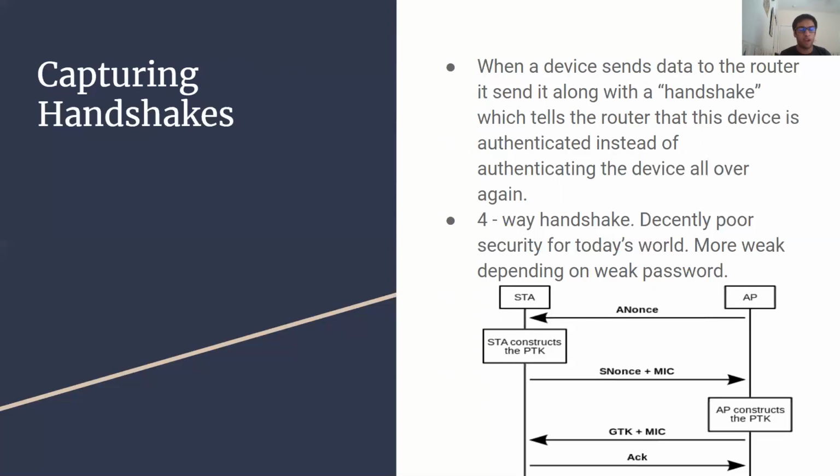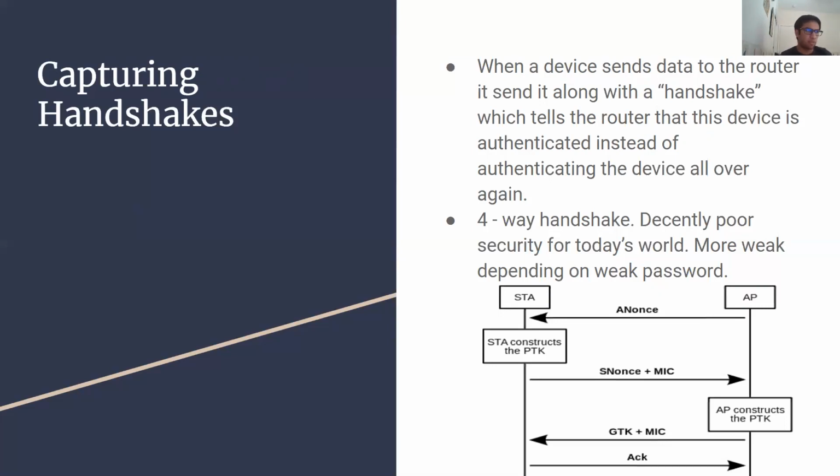So basically, the router knows that this Wi-Fi packet came from that device because of that special handshake. If you capture this handshake, you're able to mimic a Wi-Fi connection from that device to the router. When routers and devices are connected, they use a four-way handshake system.